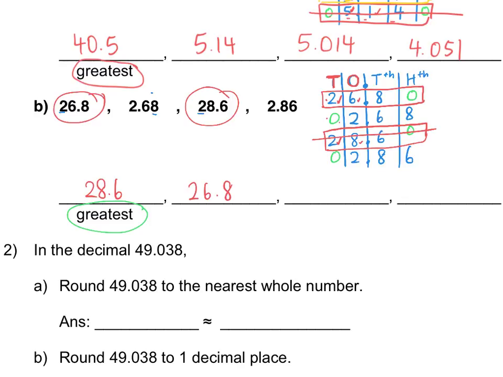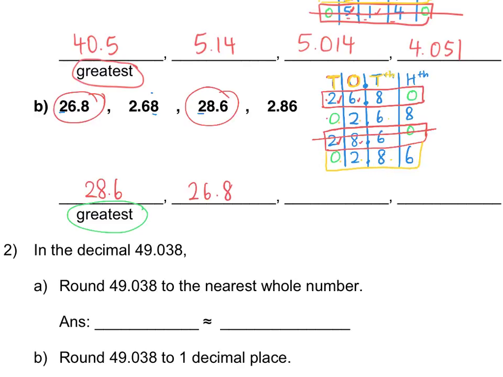Now let's go on to find the next greatest decimal. We go back to the tens place again. Between 0 and 0, can we compare? No, because they are the same. So we go on to the ones place. Between 2 and 2, which is greater? They are the same, we cannot compare. So we go on to the next place value, the tenths place. Between 6 and 8, which is greater? 8 is greater.